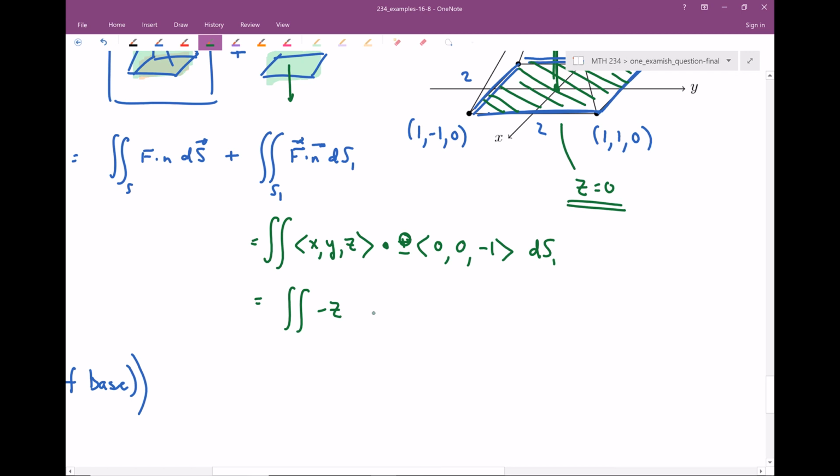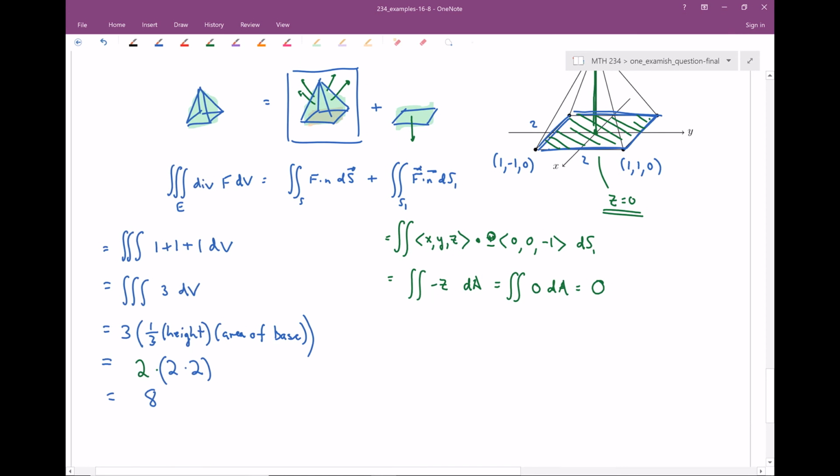We're about to do a double integral here, which means we would like x's and y's, so we normally get rid of all of our z's. And the way that we get rid of all our z's is remembering where we are, and we're on z equals 0. We're on the xy plane. So this is really adding up 0 a bunch of times. So when you add up 0 a bunch of times, you get out 0.